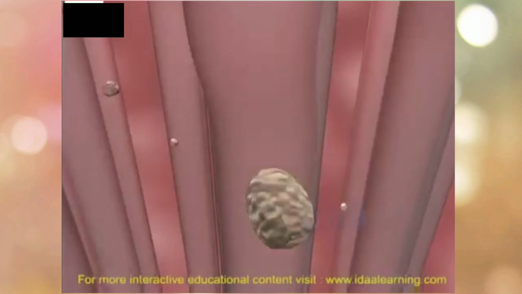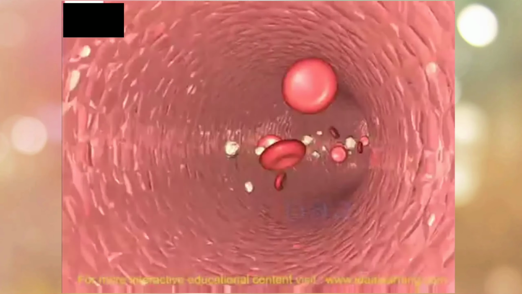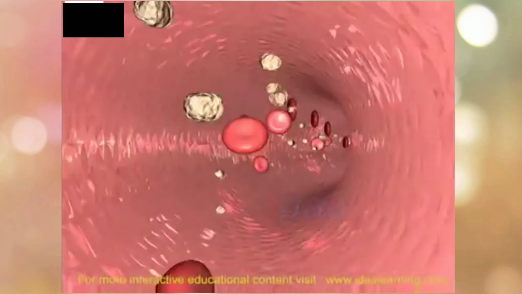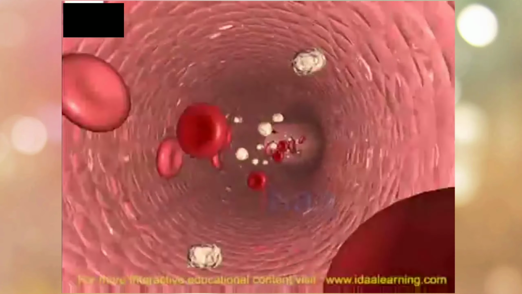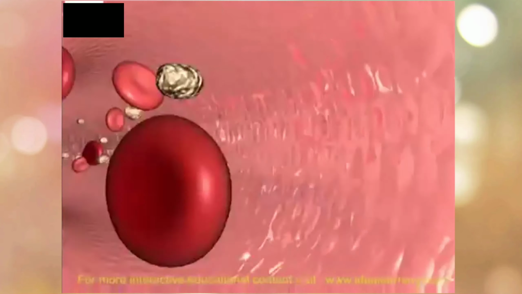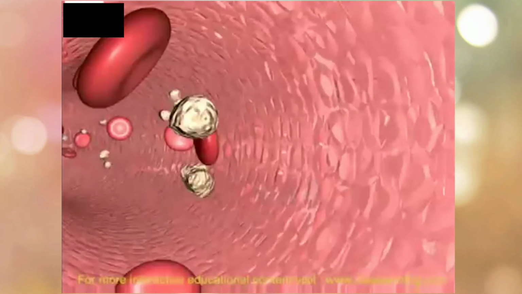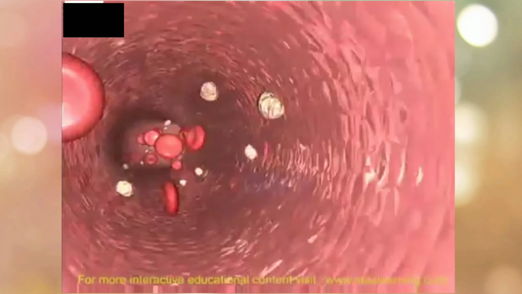The substances thus absorbed are transported through the bloodstream to different organs in the body and are used to build complex substances like proteins. This process is called assimilation.